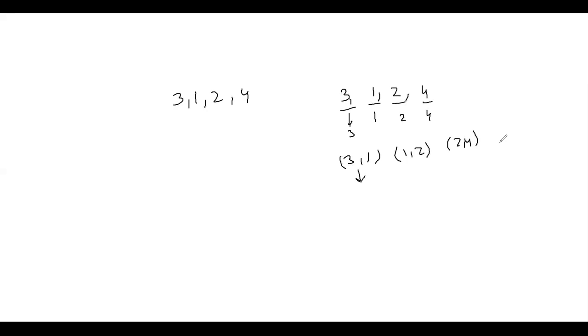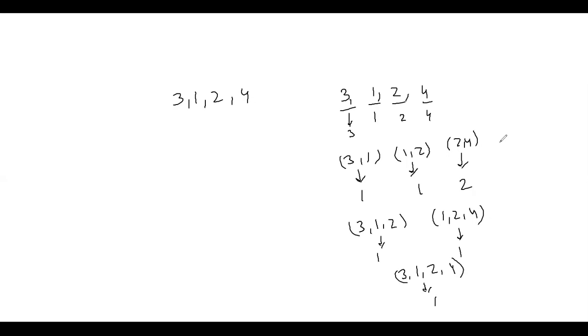So what is the value here? Minimum is 1, here minimum is 1, here minimum is 2. Then 3 elements at a time, so 3, 1, 2, and then 1, 2, 4. So 3, 1, 2, what is the minimum? It's 1, and then here again 1, and then 3, 1, 2, 4. What is the minimum?